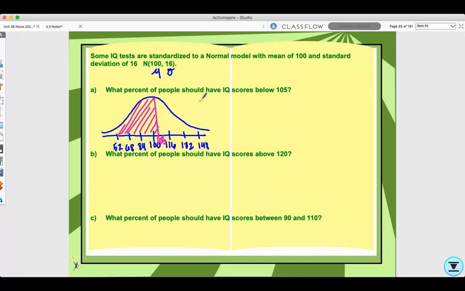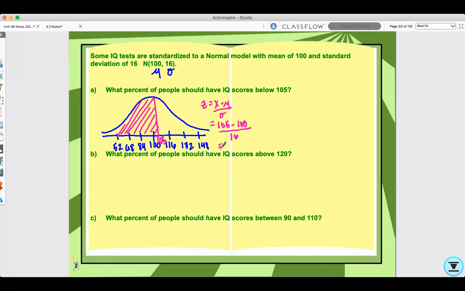So we need to find our z for this, and z would be x minus mu over sigma. So my z would be 105 minus 100 all over 16.